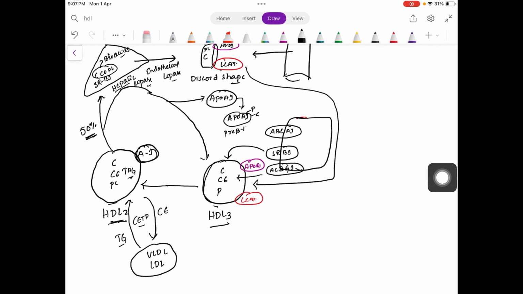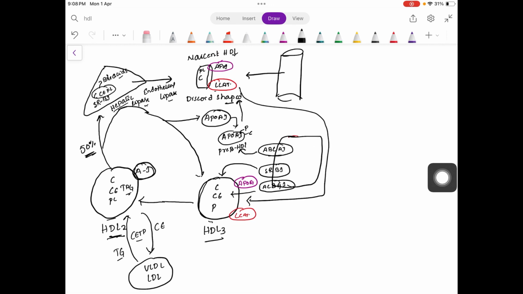This is called pre-beta HDL. This is pre-beta HDL. And this pre-beta HDL will take up cholesterol from the ABCA1 receptor, and they will be converted into disc-shaped nascent HDL molecules, and again this nascent HDL molecule will further go into the cycle.